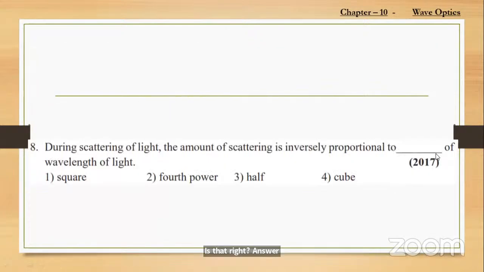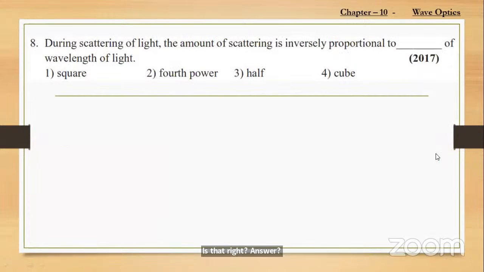Next one. This is a question based on scattering of light. During scattering of light, the amount of scattering is inversely proportional to dash of the wavelength of light. There is a scattering phenomenon that explains why the sky is blue and why the sun appears reddish in the evening and morning.